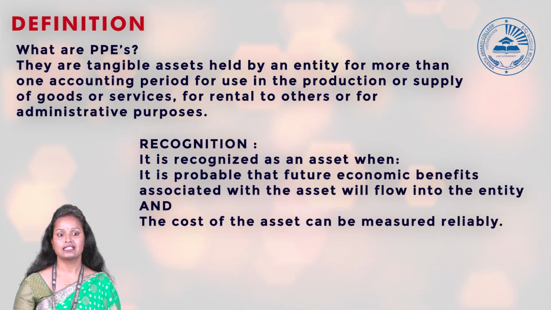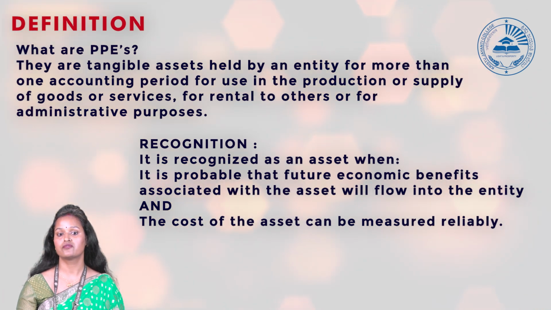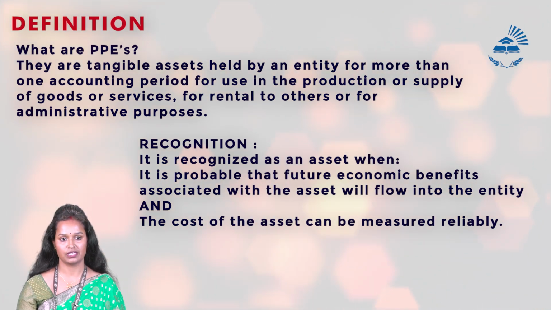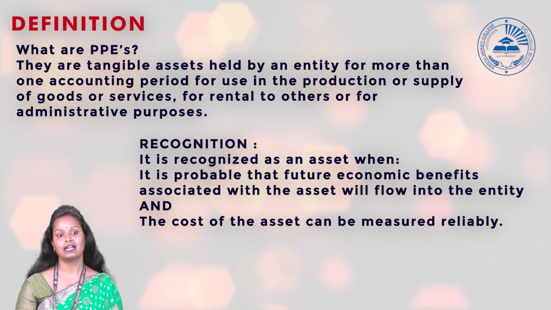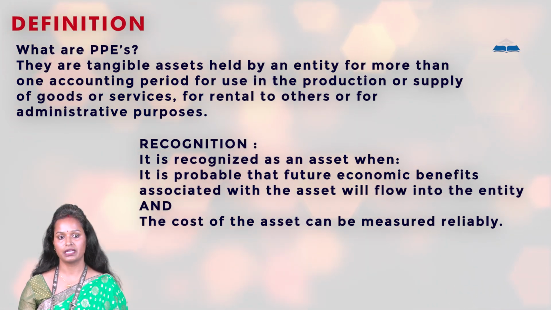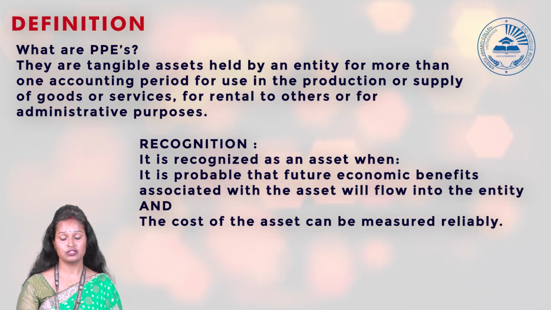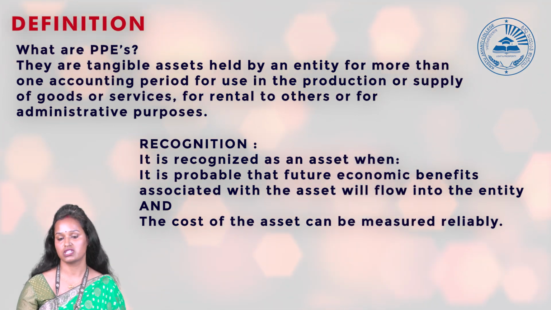Now, another condition is it must be used for more than one accounting period. If it is a tangible asset, it doesn't mean that if we can touch it or see it, all of it will be our property, plant and equipment.